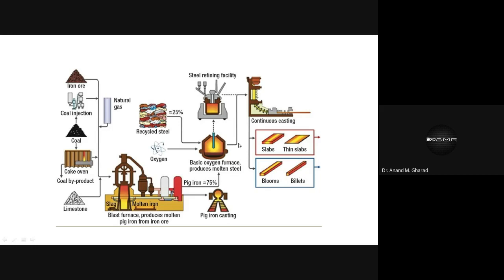Now, after we get the output, which is still in the hot form, as you can see, the color of these slabs and the blooms and the billets is orange red. That means they are still hot, right? And after this, as far as the structural steel is concerned, you must have observed the pictures which I had shown you.